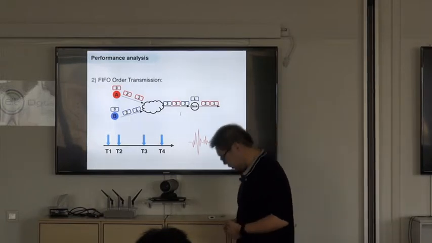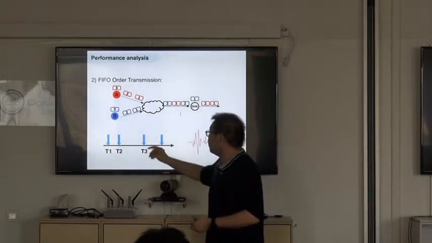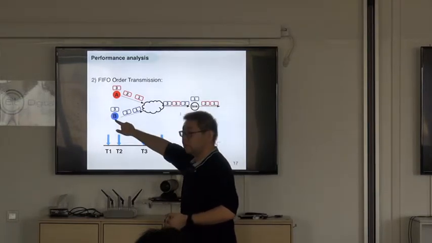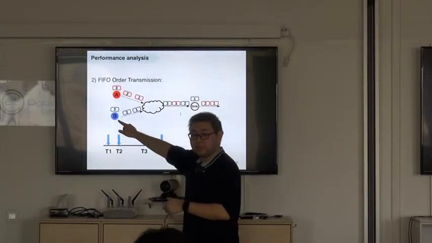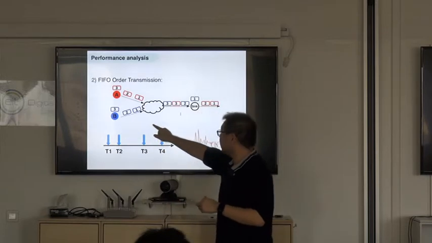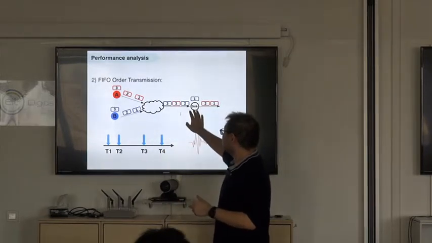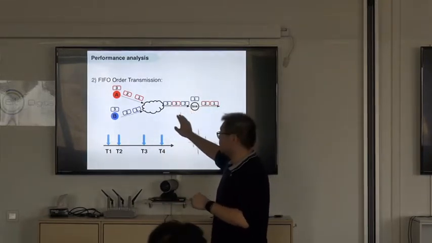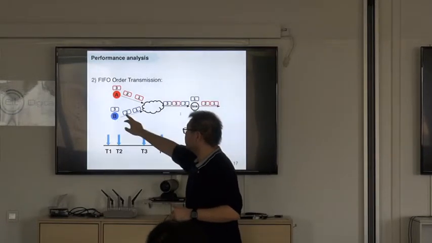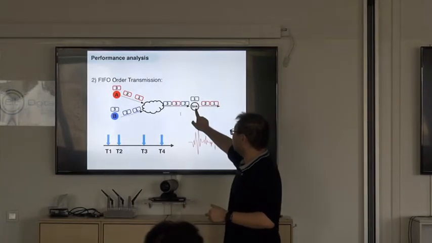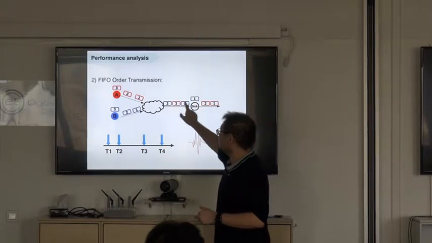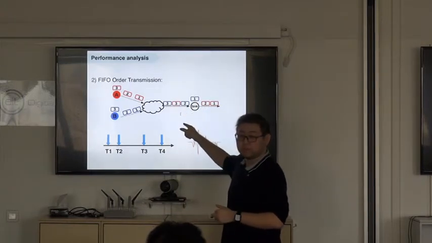The second parameter is the total order transmission. For each node, all the messages sent by this node should be received at the sink in the same order. For example, node B sent messages 1, 2, and 3, and we want the sink to receive messages 1, 2, 3 in the same order.